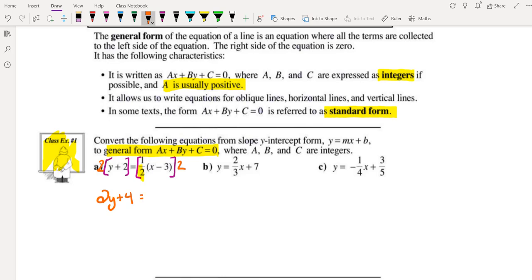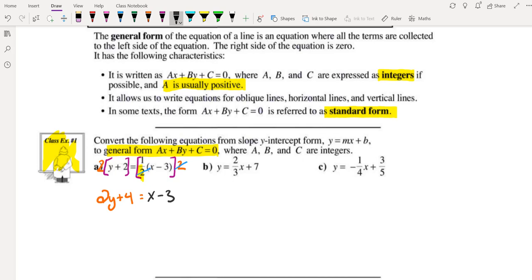And on the right-hand side, this 2 and this 2 cancel each other out. That was the whole reason for multiplying by the common denominator, to get rid of it. So on the right-hand side, we're left with x minus 3.